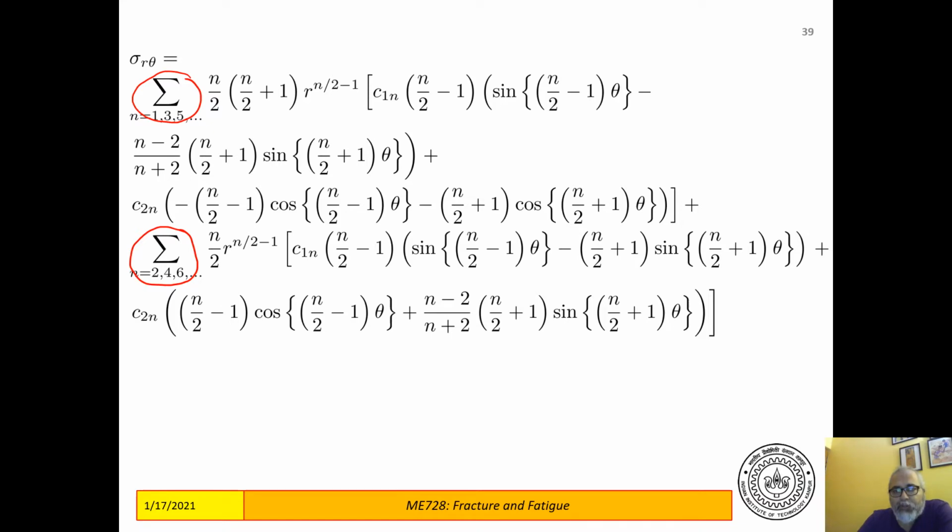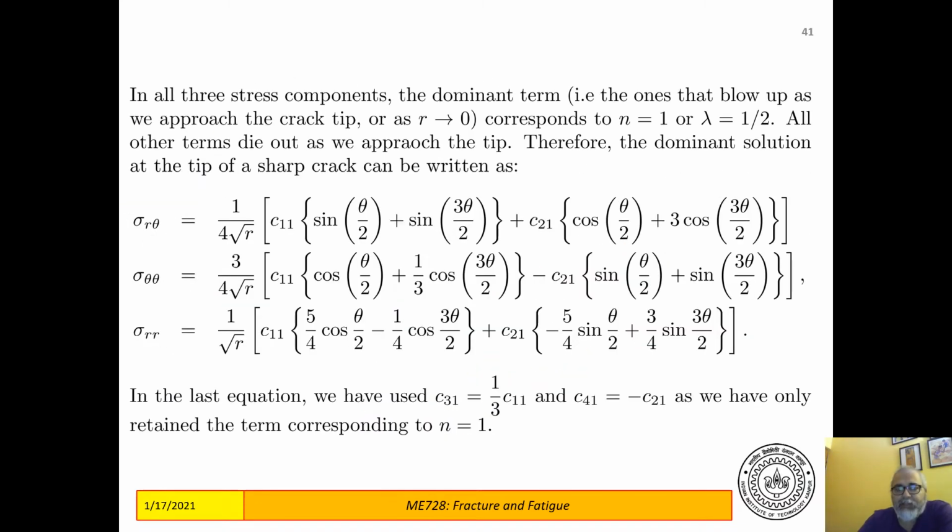Okay, so if I do that, then this is how I can write it. I retain only n equal to 1, so now I have replaced the constants with C11, C21, and these are the three stresses that I can write. Again, r to the power n by 2 minus 1 is r to the power minus half, so I have this 1 by root r singularity for the stresses.